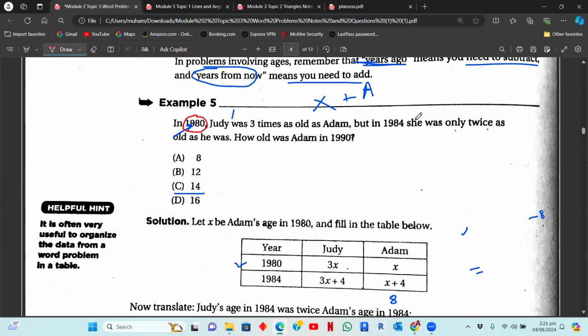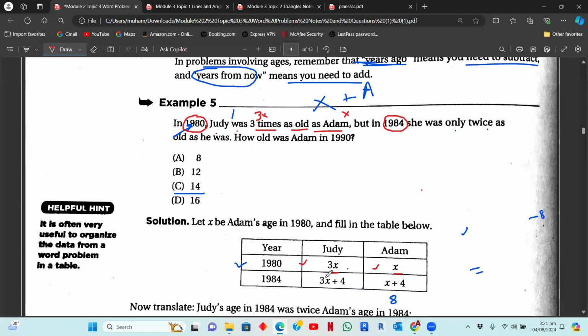They're talking about 1980 and 1984. For 1980, the data is that Judy was 3 times as old as Adam. So if Adam was X years old, Judy was 3X years old. So we've written that in the table.